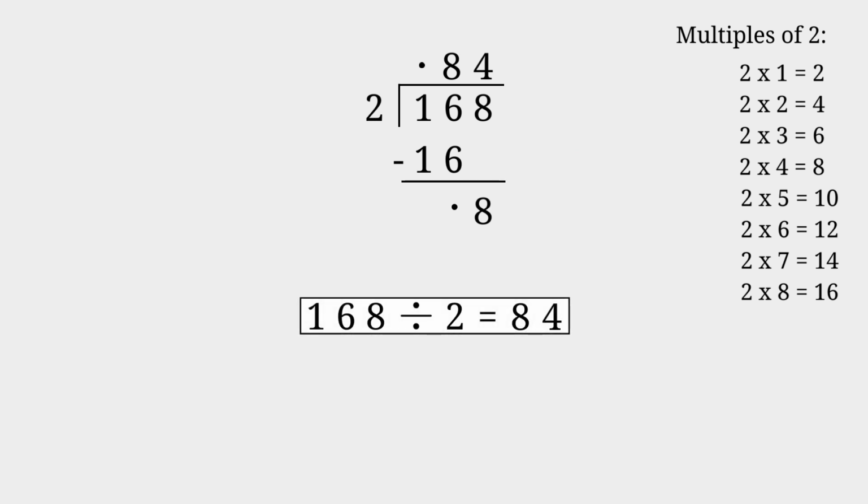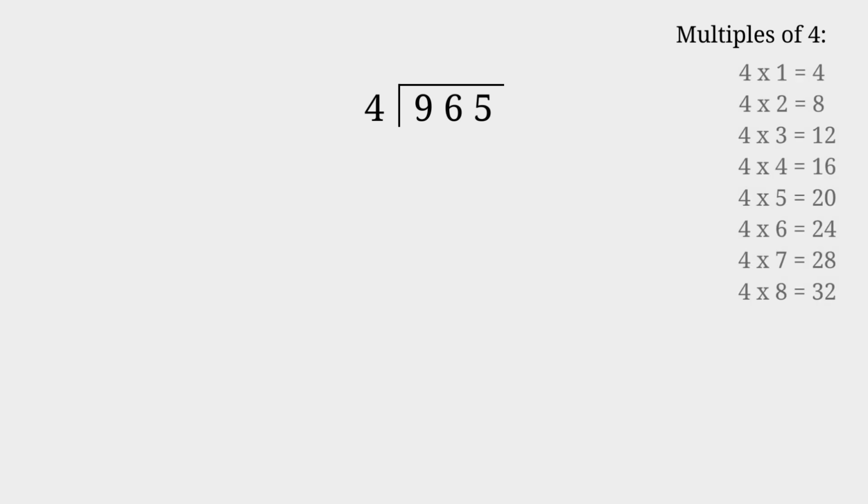The second example, 965 divided by 4, is a bit different because your answer will have a decimal value. So you can start off with listing your multiples of 4, like so. Check and see if the first number underneath the division box can be divided by 4. And yes, 4 goes 2 times into 9.